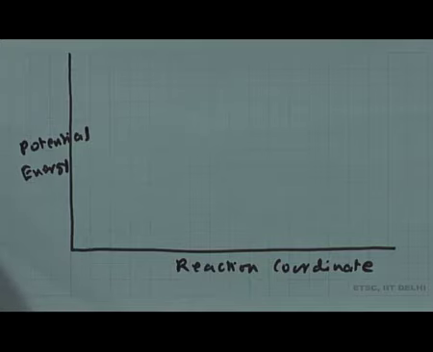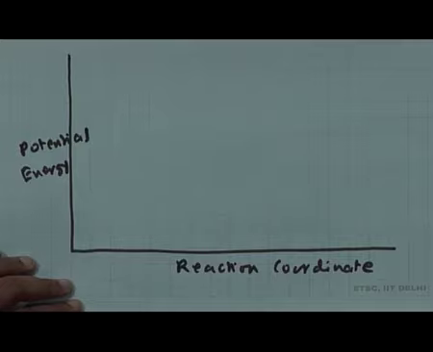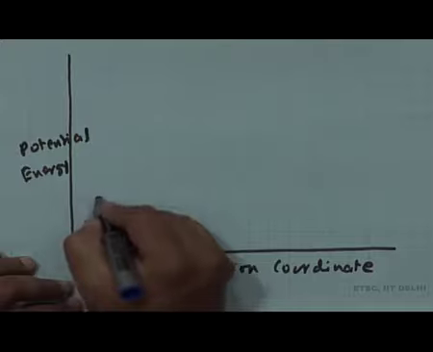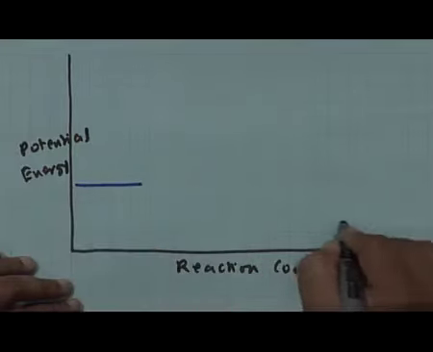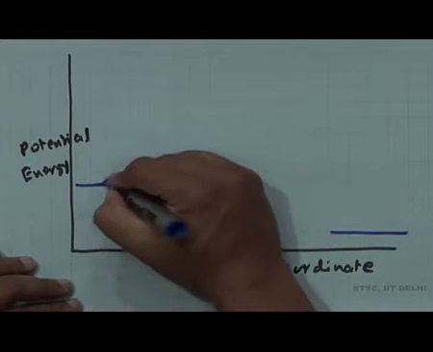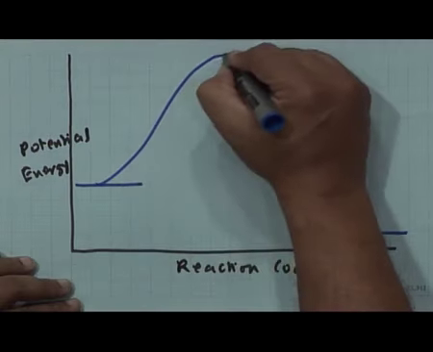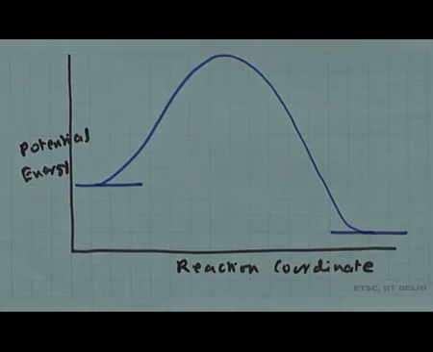Now, let us talk about a certain reaction. Let us talk about an elementary reaction, which is a reaction happening through a single step. Let this be our reactants, let this be our products, and this is typically what you would see depicted in many books.